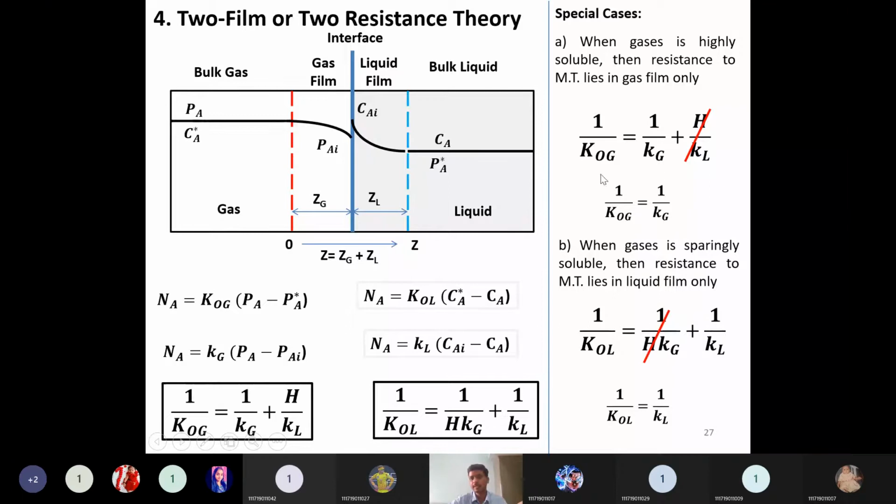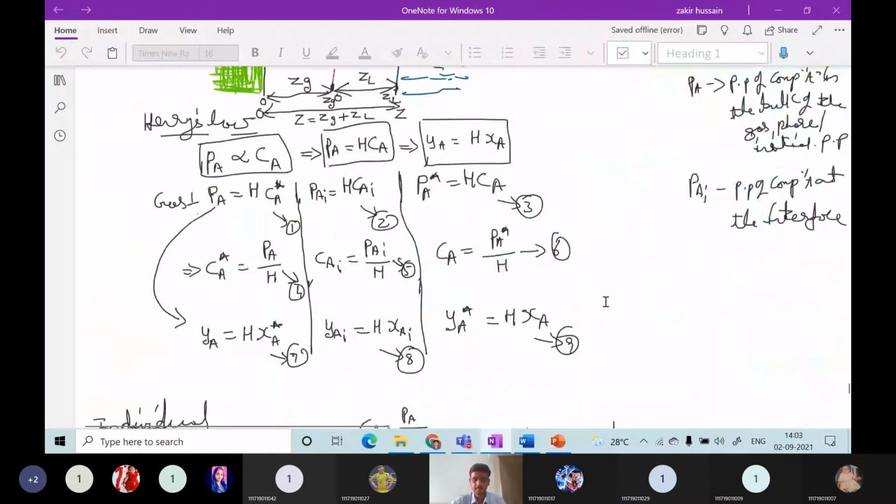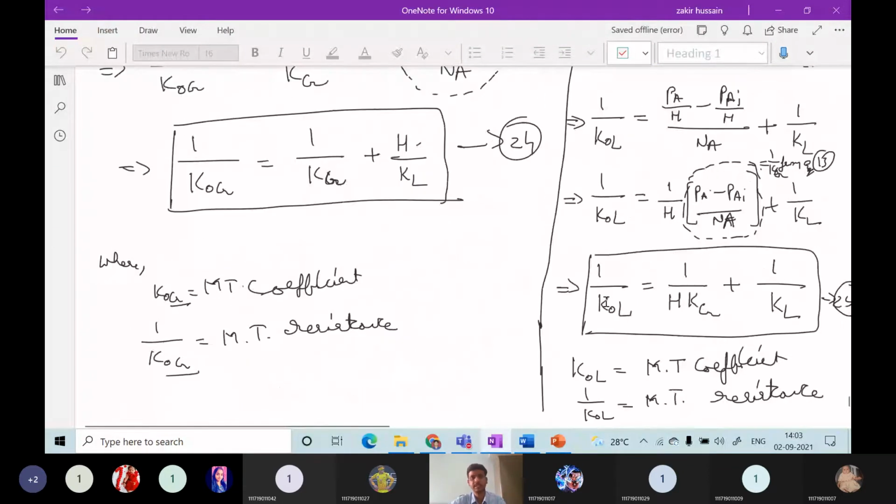In what condition is the overall mass transfer coefficient equal to the individual mass transfer coefficient? We will see now. So in the morning we have derived the two final equations: the relationship between the overall mass transfer coefficient in the gas phase and the individual mass transfer coefficient, and the relationship between the overall mass transfer coefficient in the liquid phase and the individual mass transfer coefficient.